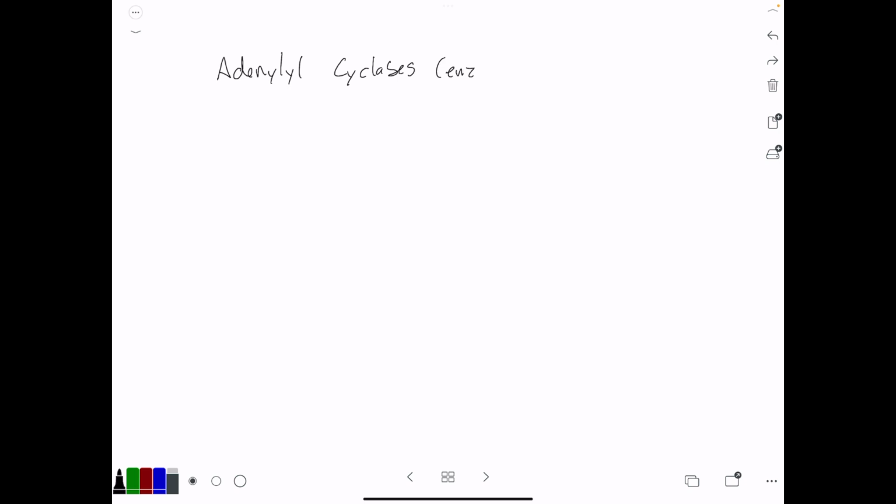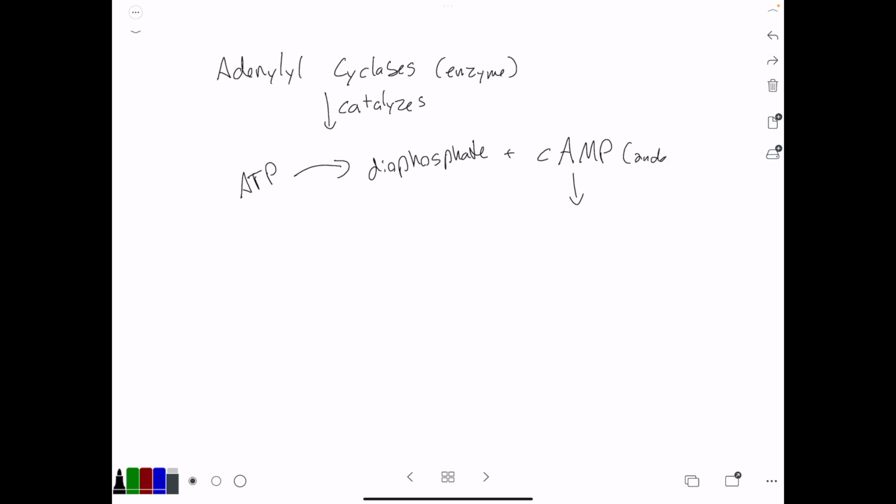So this is an enzyme, and what it does is, as enzymes tend to do, it catalyzes a very specific reaction, converts ATP into pyrophosphate and cyclic AMP, a very important secondary signaling messenger.